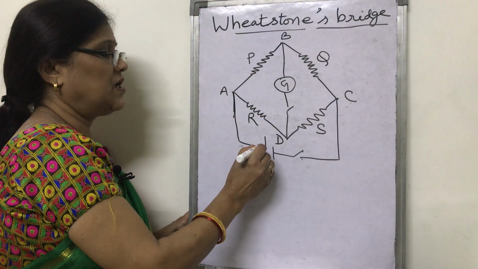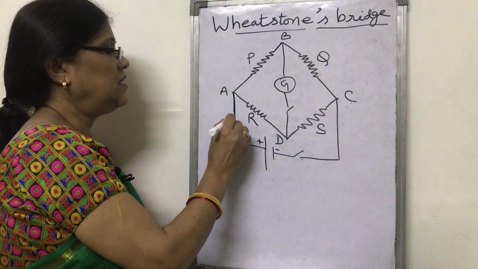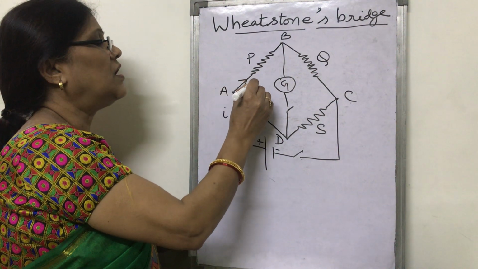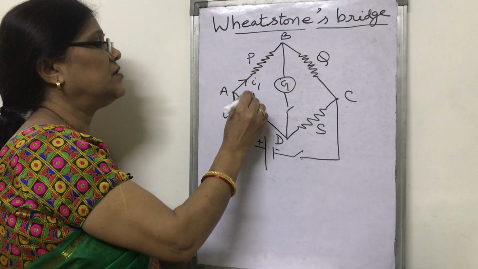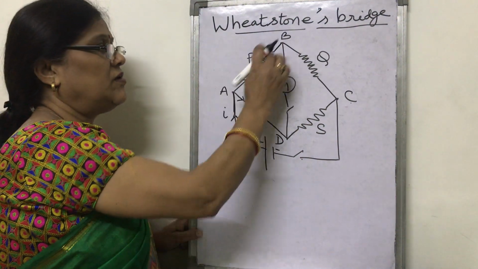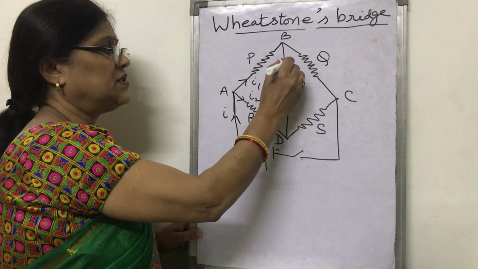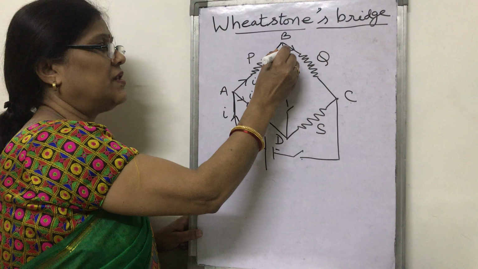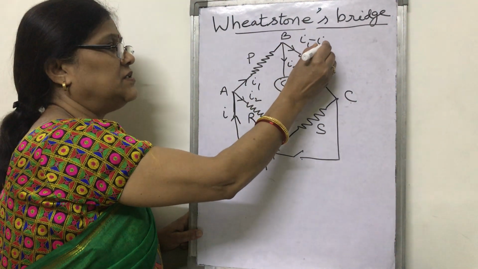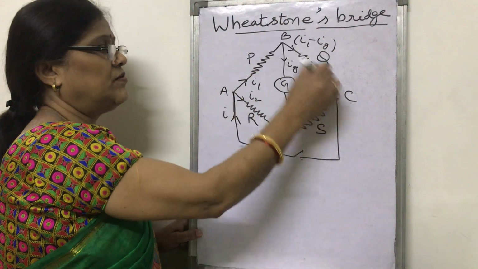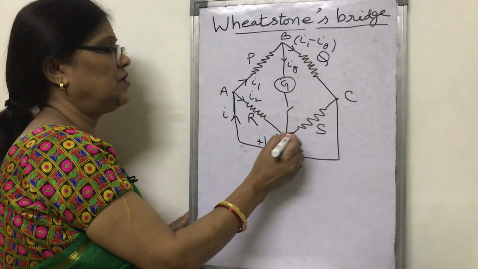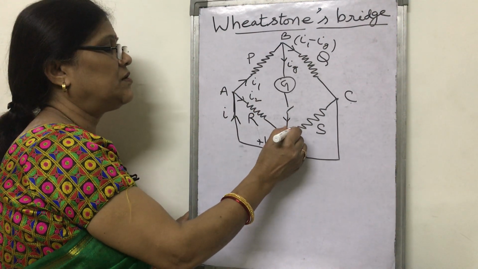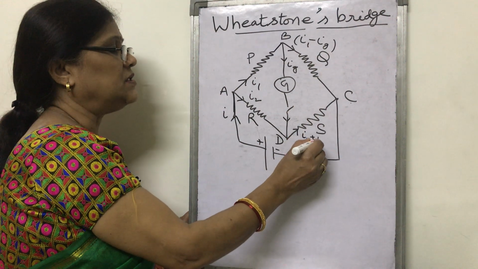Suppose the current I moves from the positive terminal of the cell. Let I be divided here into I1 and I2. This I1 is further divided; suppose IG, G for galvanometer, is the current in the galvanometer, and the rest, I1 minus IG, flows through the resistance Q. Here this is I2, and IG comes here, so this current becomes I2 plus IG.